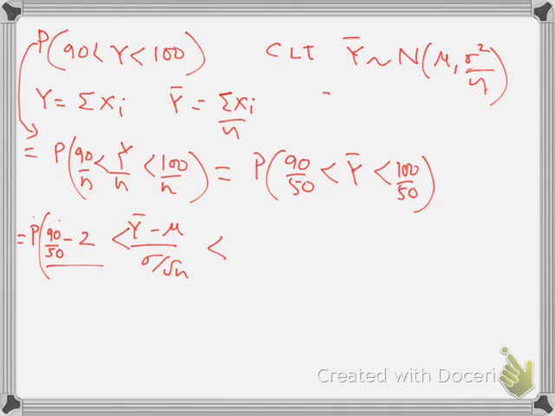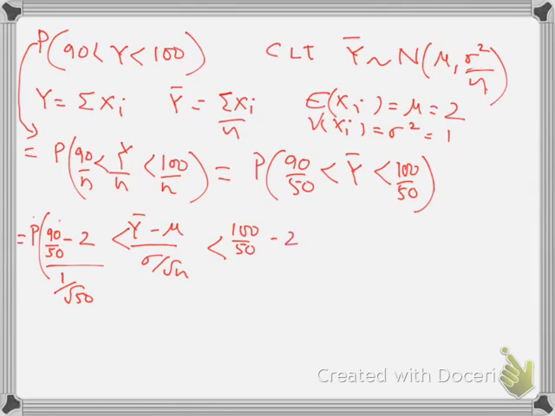Expected value of xi, mu, is equal to 2, and variance of xi, sigma square, is equal to 1. So 1 over square root of 50, and here you would get 100 over 50 minus 2 divided by 1 over square root of 50.